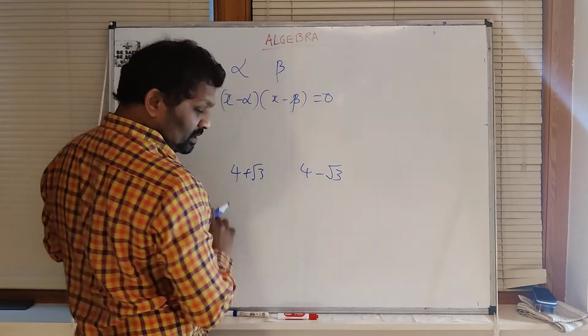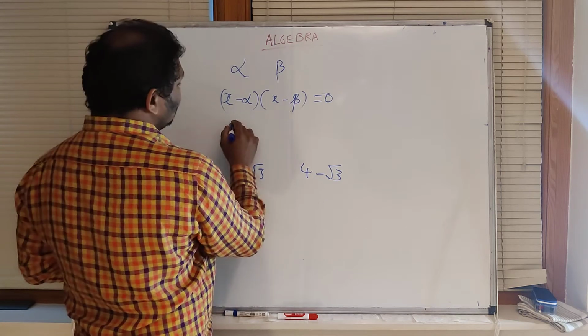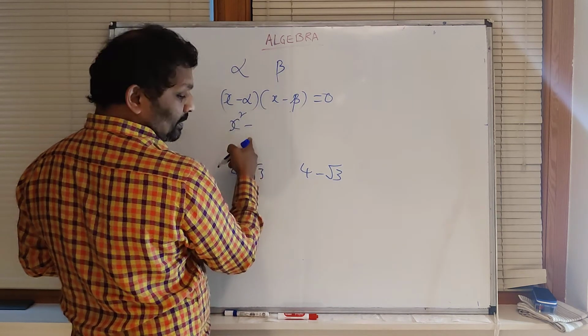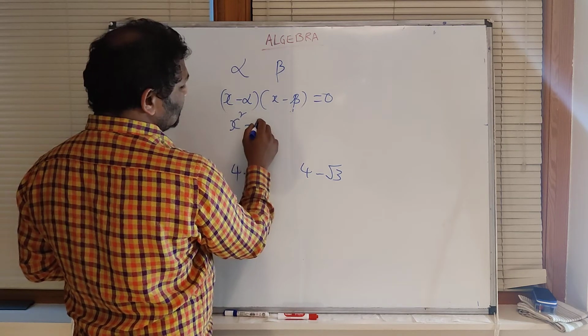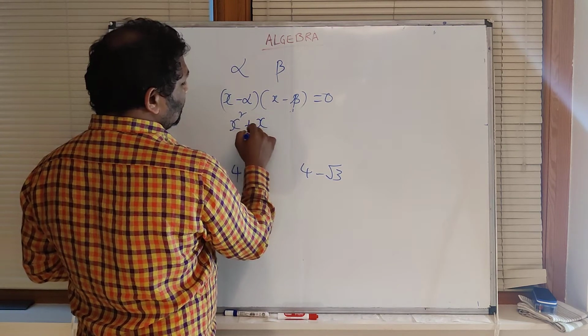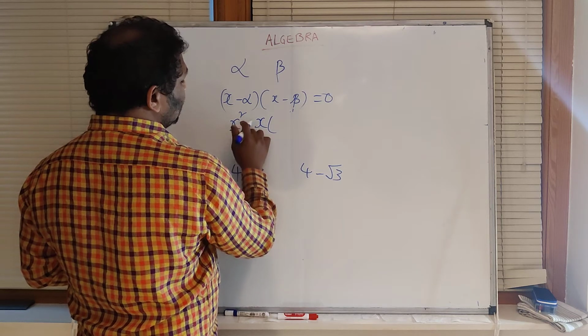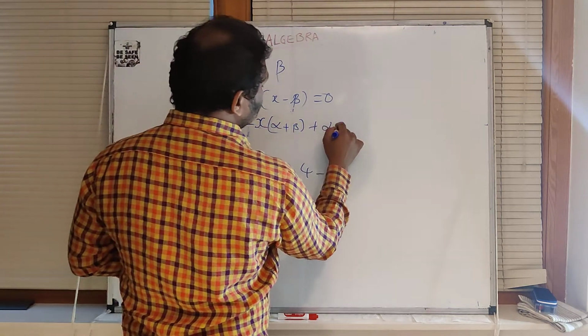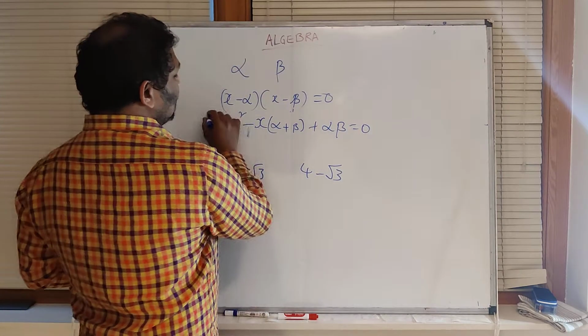These are the two factors. When you simplify it, you will get x square minus x times alpha plus beta plus alpha beta is equal to 0. This is the equation.